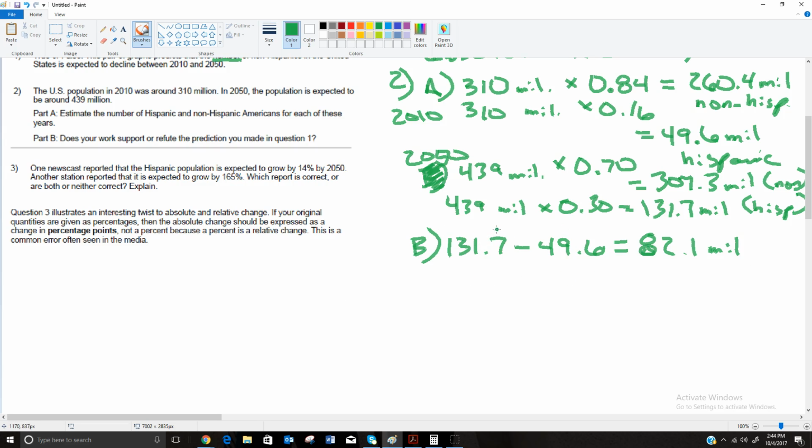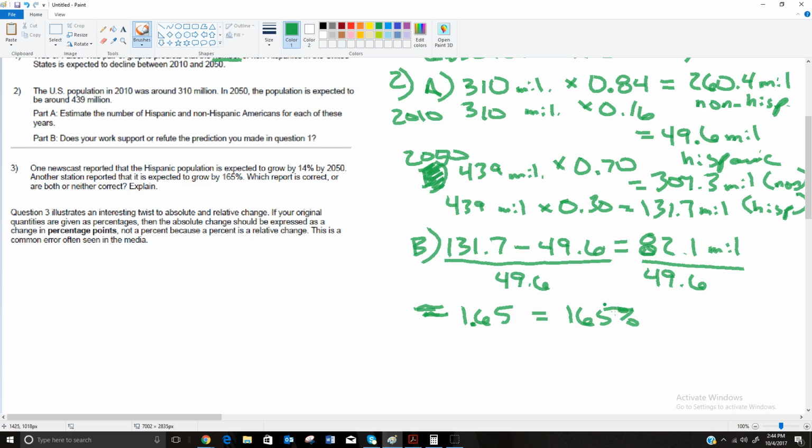So remember, this is our end minus our start. If we divide by our start, which was 49.6 million, this comes out to be approximately 165%, because it comes out to be 1.65 when you divide.